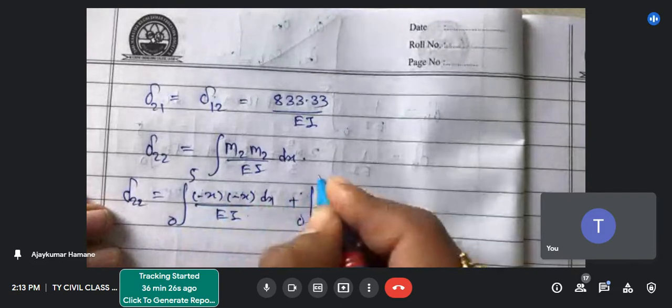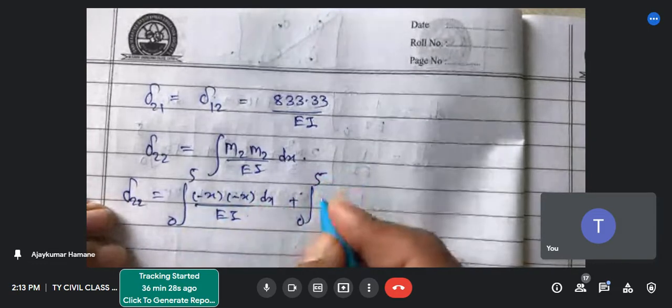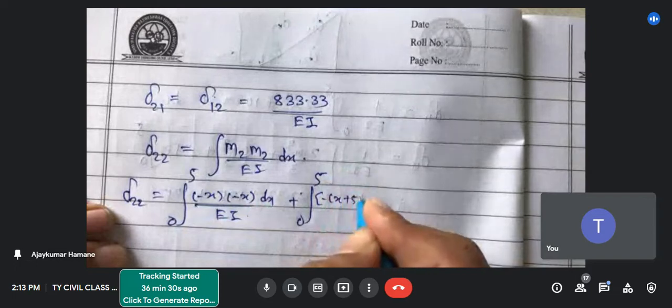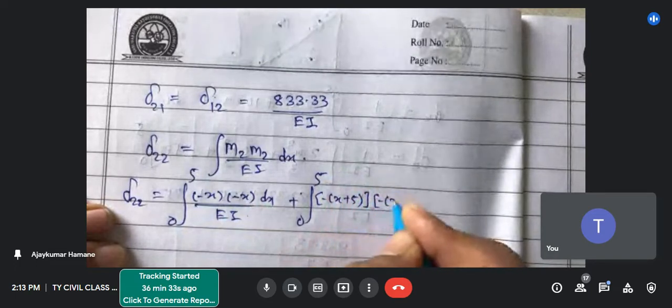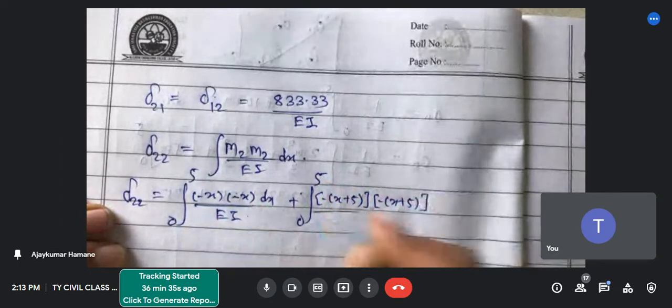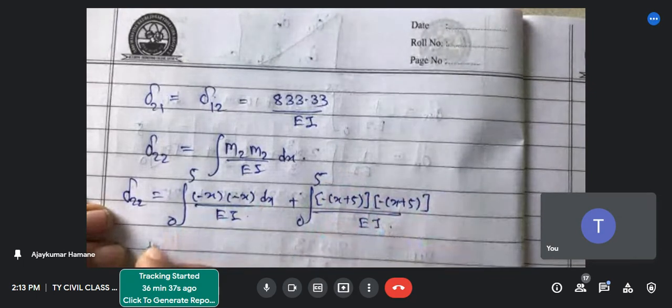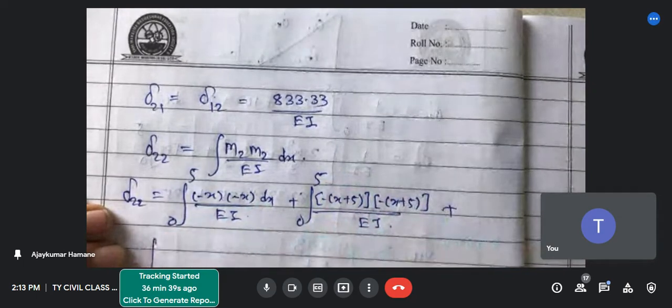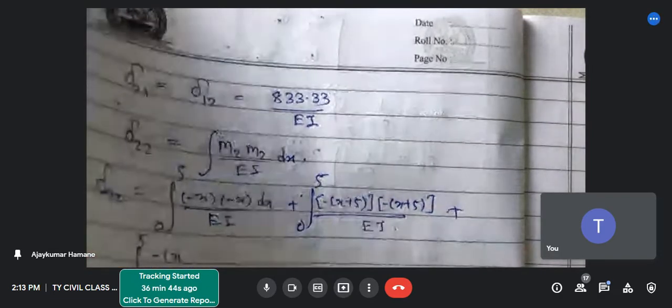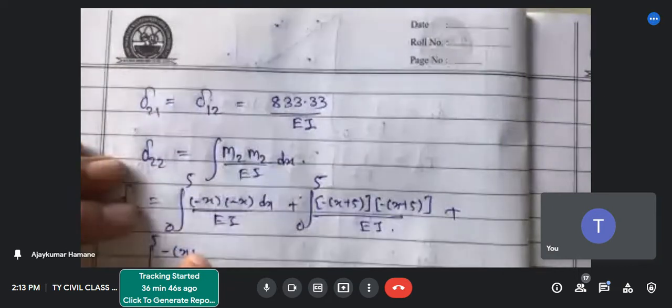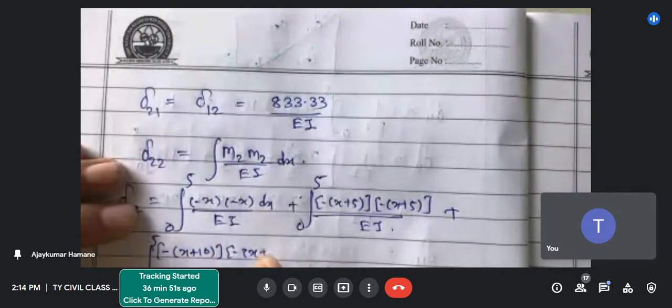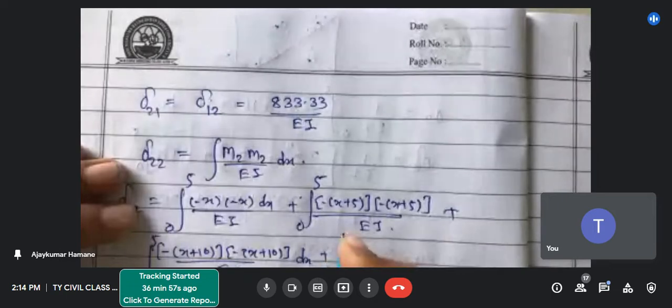For the next span of beam, 0 to 5, minus x plus 5 in bracket, another minus x plus 5 divided by EI, plus 0 to 5, minus x plus 10, minus x plus 10 divided by EI into dx, plus 0 to 5.